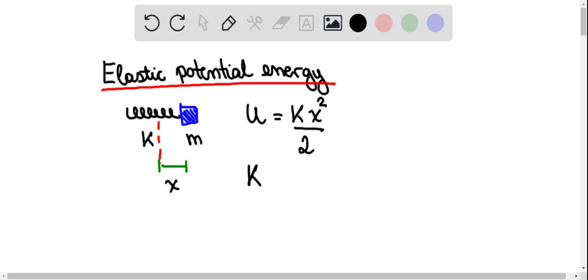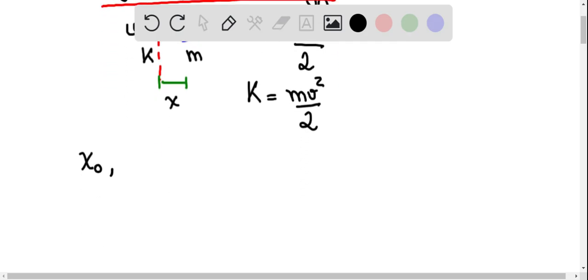Also remember that the kinetic energy of the block will be mv squared over 2. Now let's say that initially we give the system, spring and block, a stretching of x0. This is the initial value of the stretching, with velocity v0, initial speed v0.